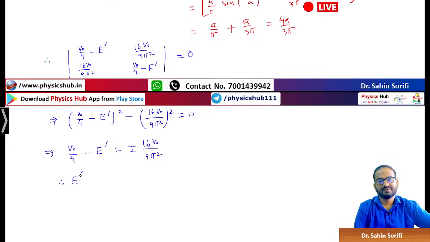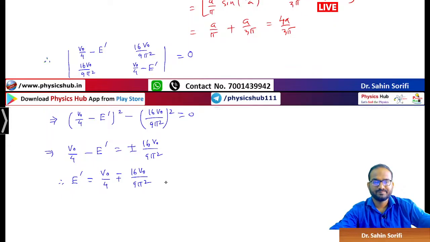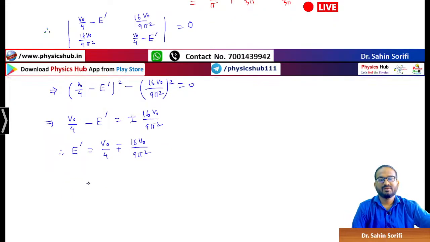So e prime will give you two values: V naught by 4 minus plus 16 V naught by 9 pi square. So minus plus, plus minus, same thing.